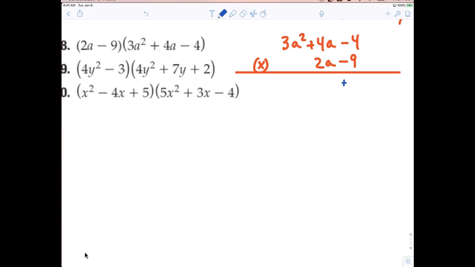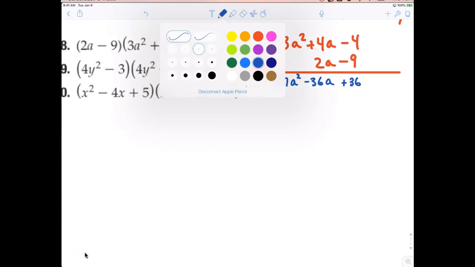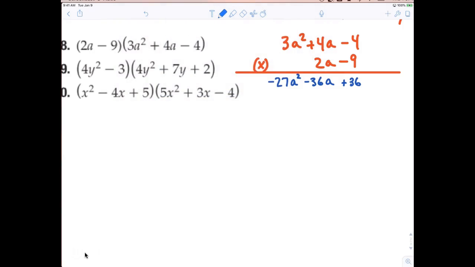This becomes a positive 36, a negative 36a, and a negative 27a squared. Everybody okay with that? Now you're going to multiply the 2a. And when we multiply the 2a, we end up with negative 8a, positive 8a squared, and 6a cubed.